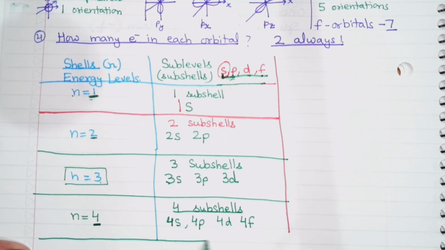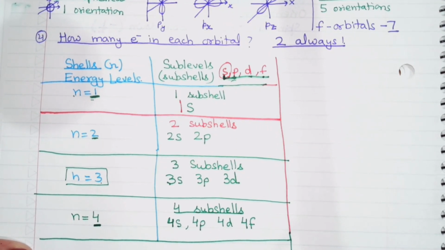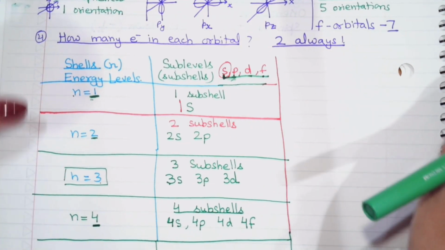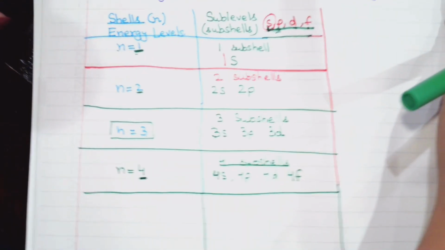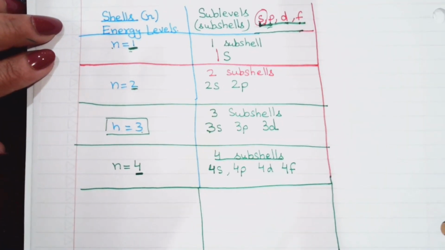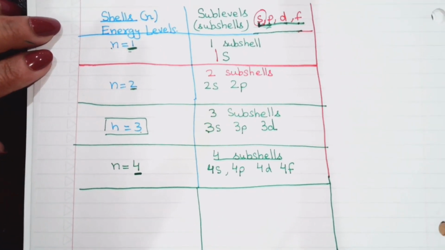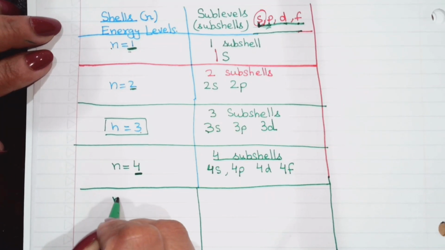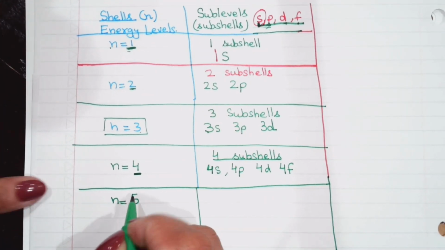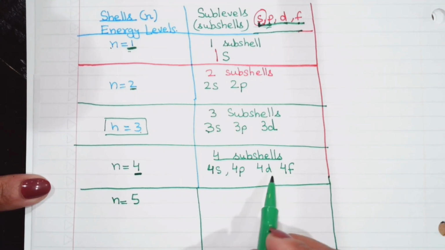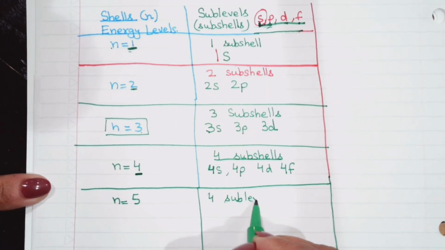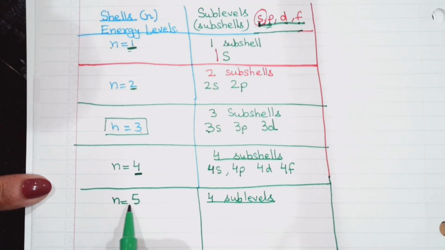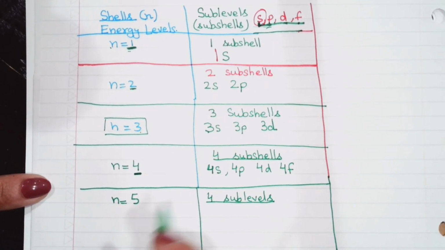What about n equals 5 or 6 or 7? Since there are no more different types of sublevels, n equals 5 will still have 4 sublevels. So how do we write the sublevels in n equals 5, or 5th shell or 5th energy level?